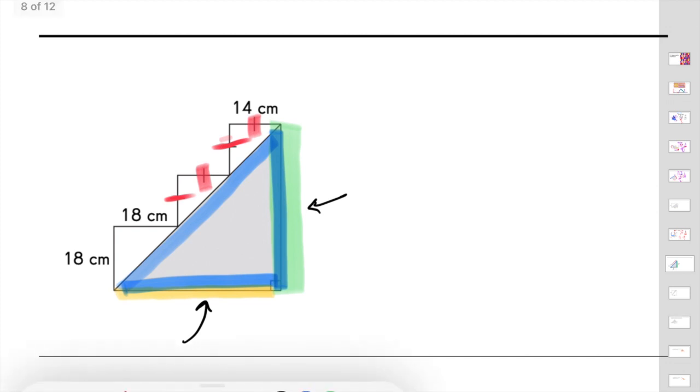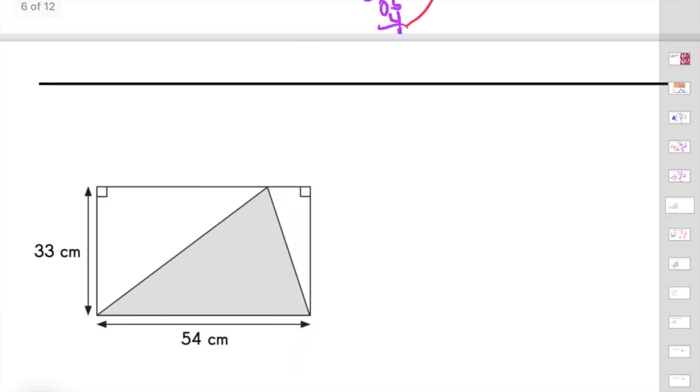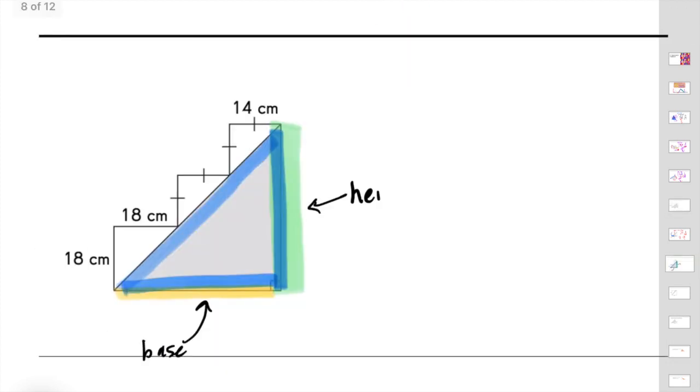So each of those sides marked with that one tick mark that I just highlighted in red, those are all the same length. So we know that this side is 14 centimeters. We know then that this side is also 14 centimeters, and this side is 14 centimeters, and this side is 14 centimeters. So knowing that, I want you to pause and think about how you might use that information to help you find the length of the base and the length of the height.